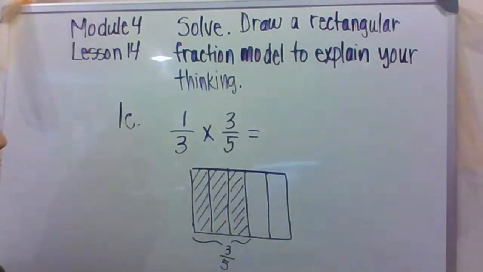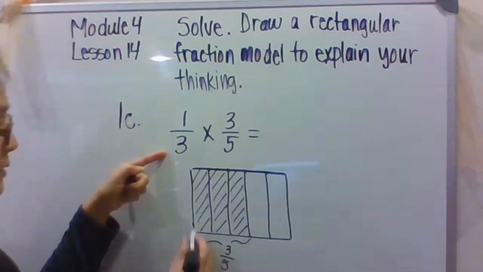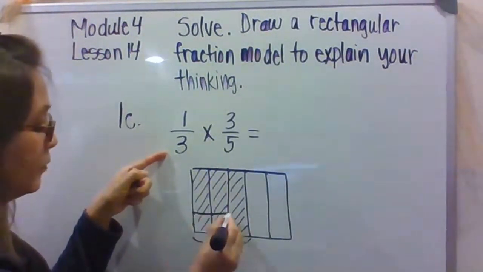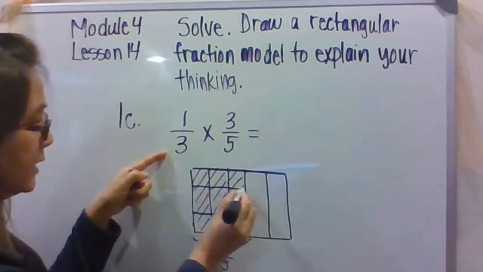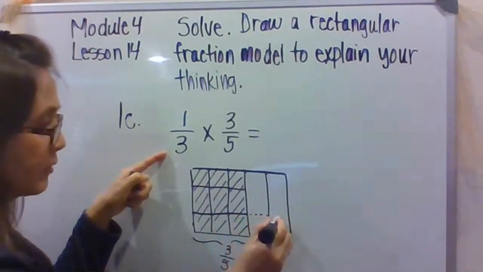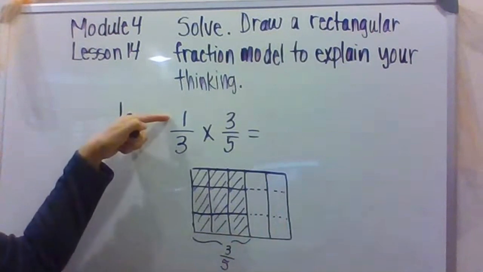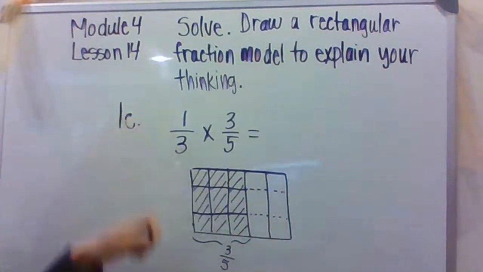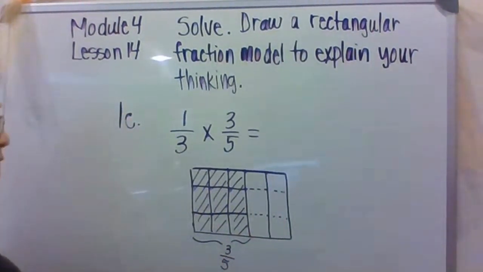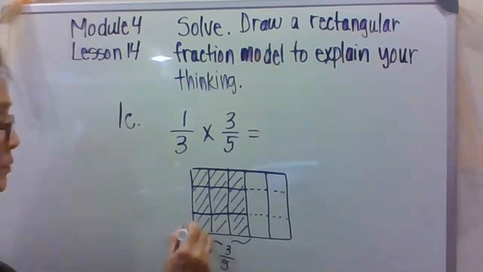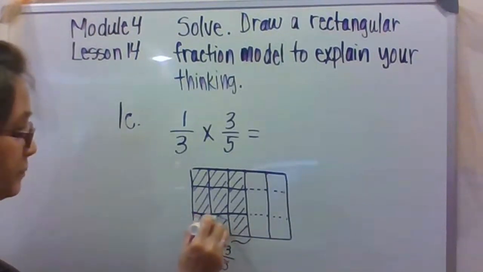Okay, now I take that 3/5 and I'm going to chop it up into how many equal parts? 3 equal parts. So take the 1, 2, and on Zern, they'll have you go all the way across with that to show the full units. And I need to shade in how many of the thirds? Just one of them. So you can use a different color or not. I'm going to just make my lines go the opposite direction.